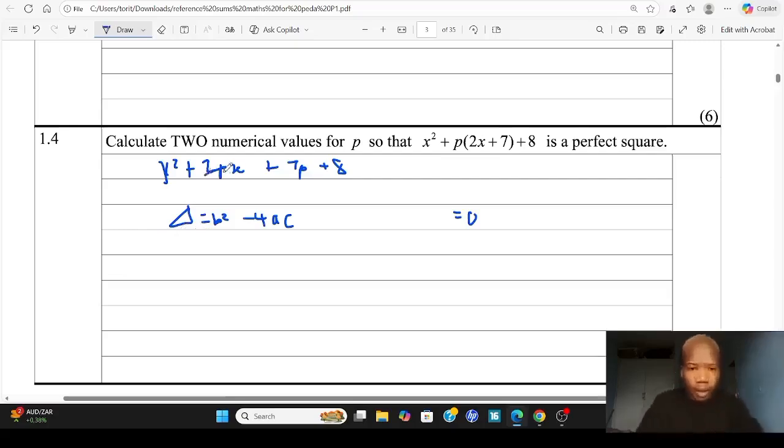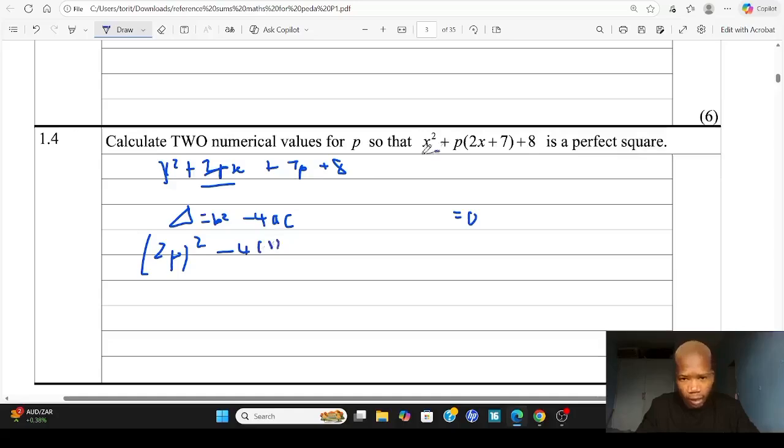The value of b is 2p, so it's (2p) squared minus 4. The value of a is 1, right?